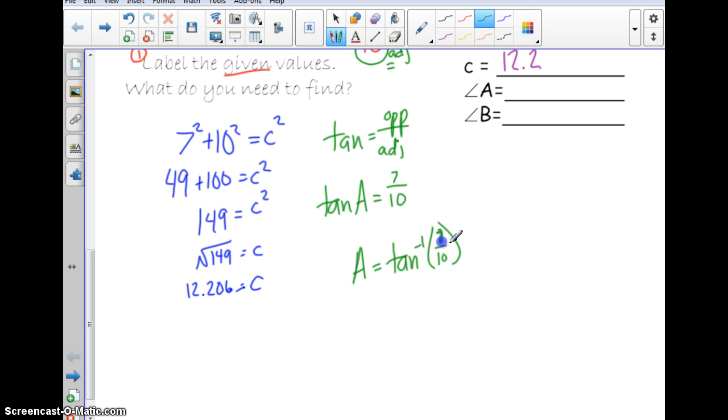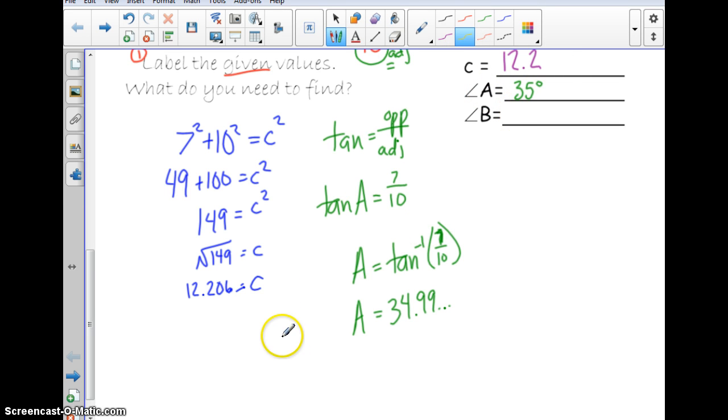I would take my calculator and plug in 7 over 10 into that inverse trig function, and it would tell me that A is 34.99, etc. And so I can round that and make it 35. It's so close, there's no point writing 0.992. And so I can write that as 35 degrees.